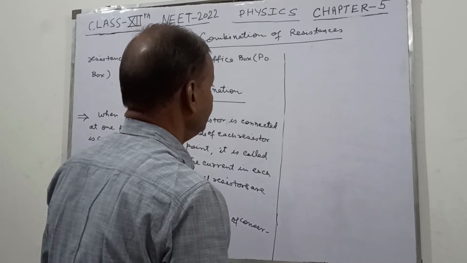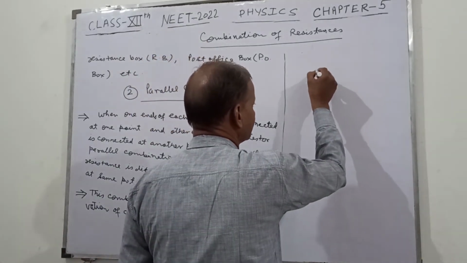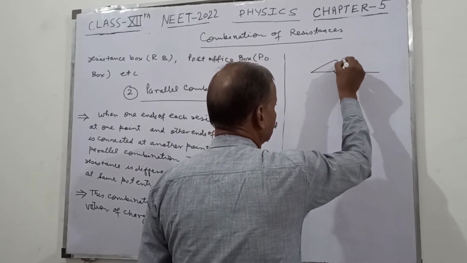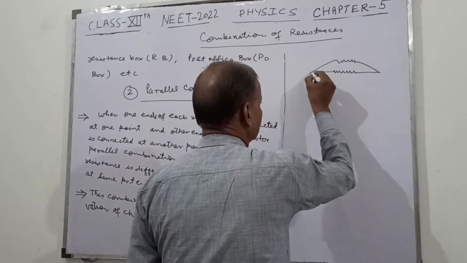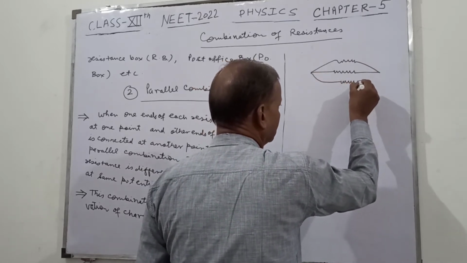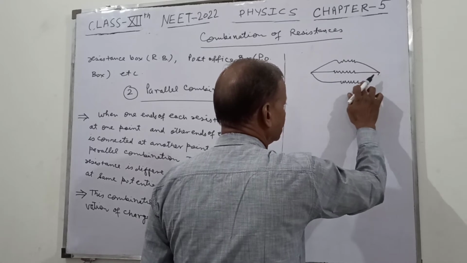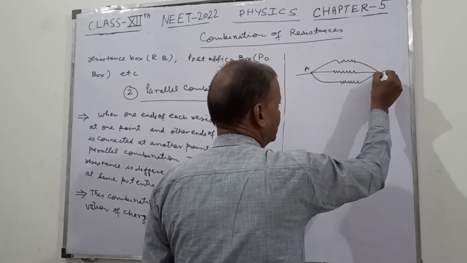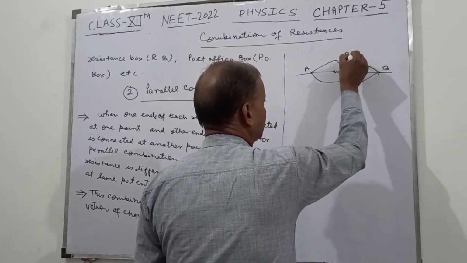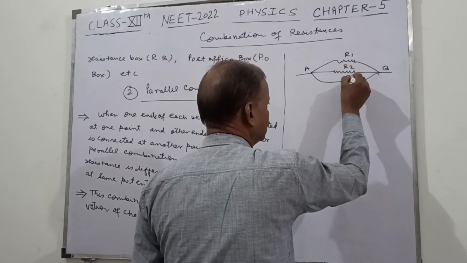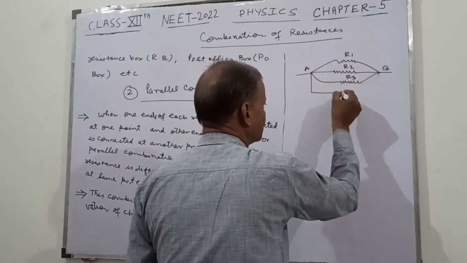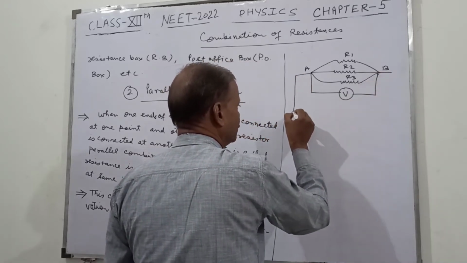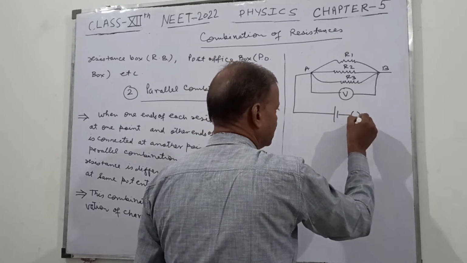So now let us say we are having three resistances. This is now point A and this is now point B. This is our resistance R1, this is now R2, this is R3. And they are at the same potential. Here we are having a cell.